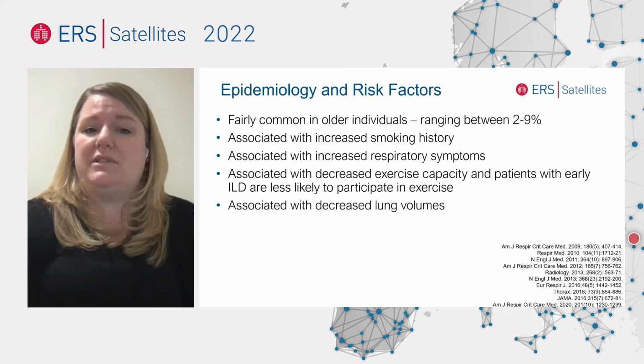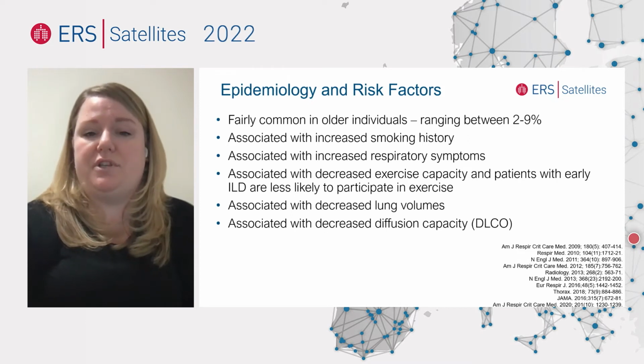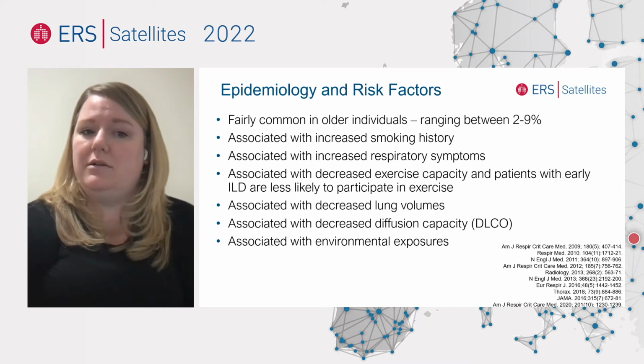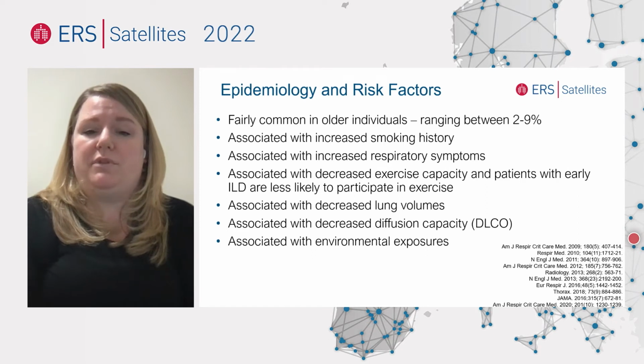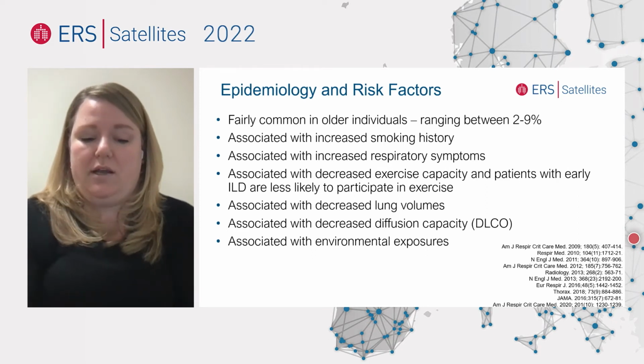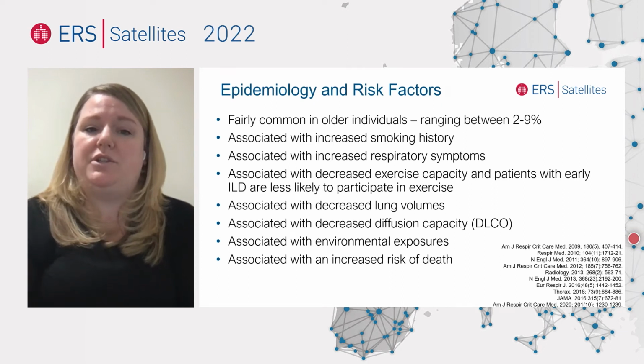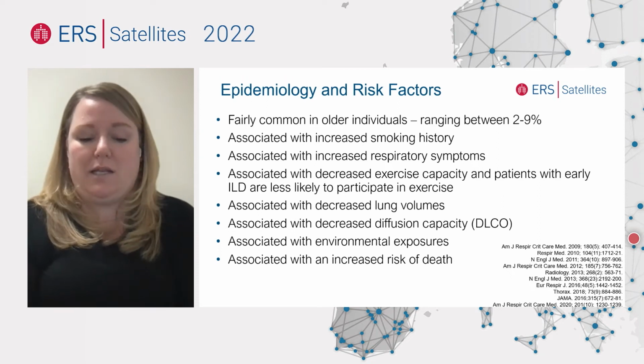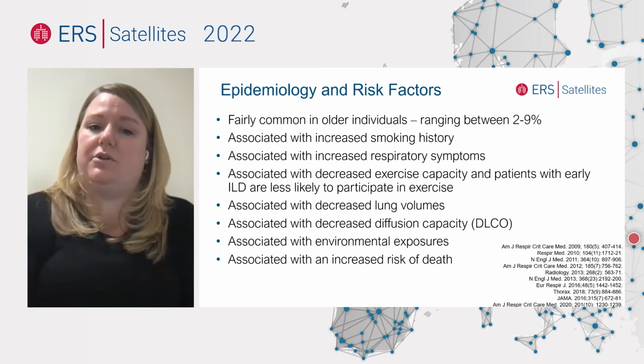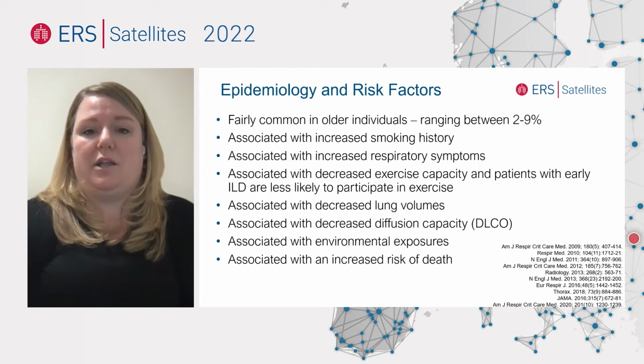We know that they have decreased lung volumes and a decreased diffusion capacity for carbon monoxide. There are multiple environmental exposures that are associated with this. And these patients who have early interstitial changes are at an increased risk of death, and that's been shown repeatedly. So although these changes are considered early, they are still definitely clinically important.